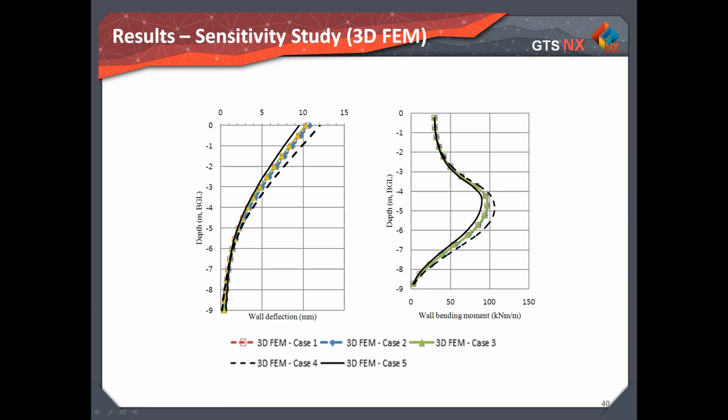The limit equilibrium safety factor on stability also showed significant variation of plus minus 20% when friction angle varied at 5% in this case. So stiffness modulus on its own had negligible effects on the stability of the cantilevered wall.